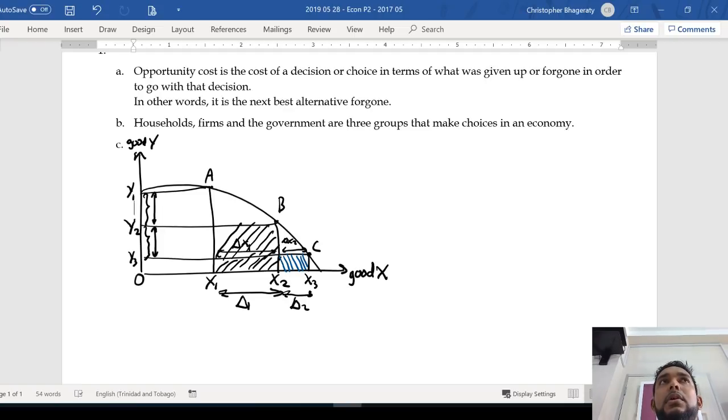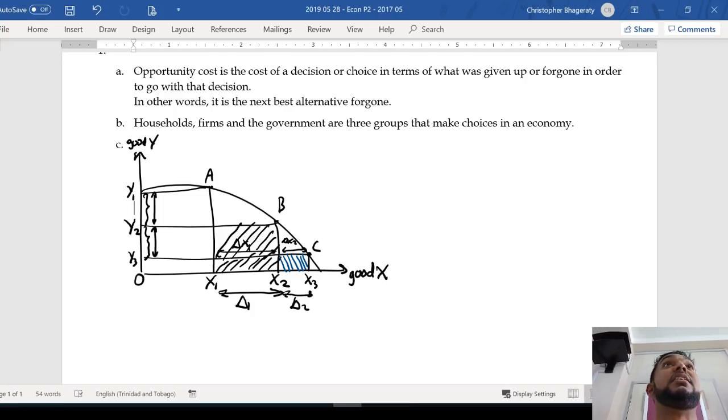No. What happened there was that we gave up the same amount, but we got less. So if you're paying the same amount for less, what does that say about the cost of that which you're getting? Is it increasing or decreasing? It's increasing. So you're giving up the same to get less.